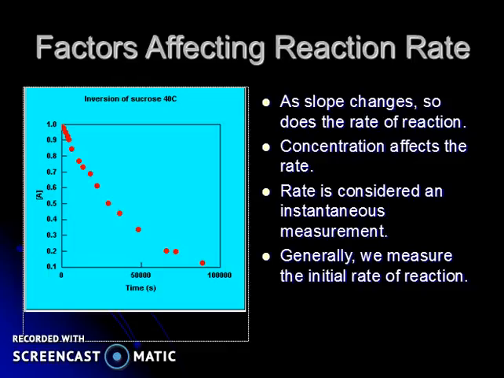We would need to calculate the slope at any given point during the course of this particular chemical reaction. That should imply to you, for those of you who are taking calculus, that at any given point I could take the derivative of this particular equation and obtain the rate of the chemical reaction, as it's really just a glorified slope.